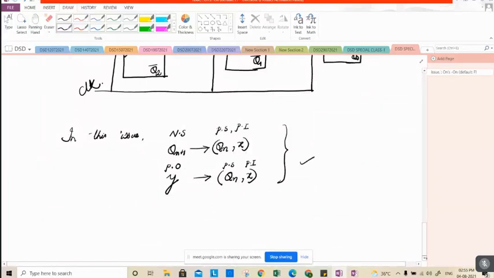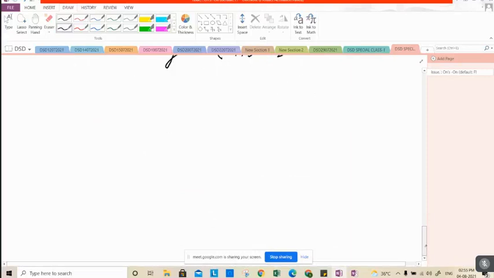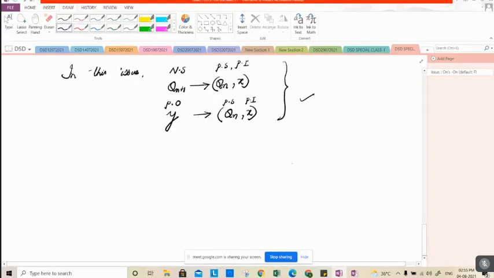So these are the three kinds of state machines. State machine 1, 2 and 3. In state machine 1 we have only the next state and the present state.